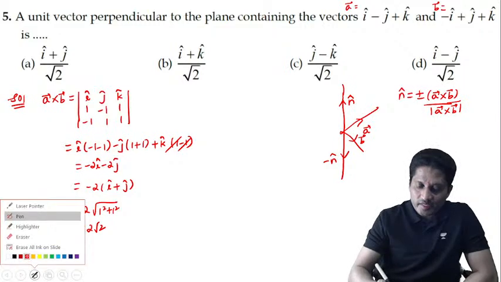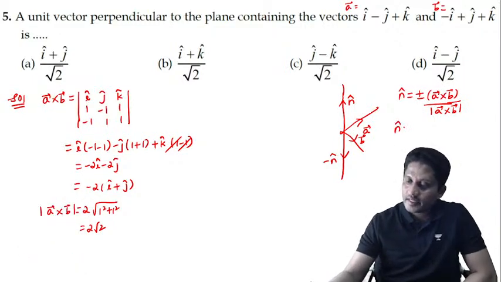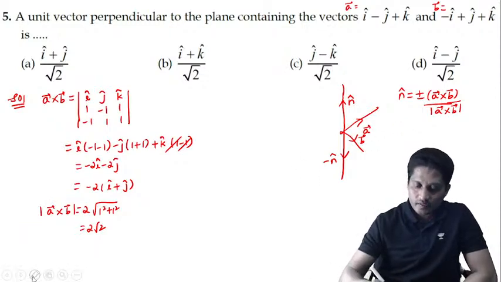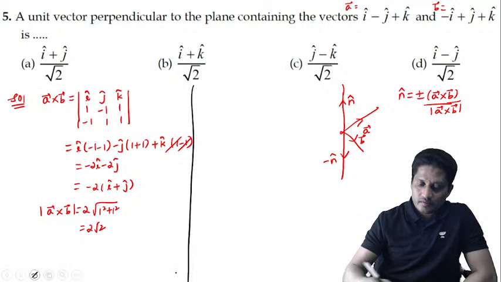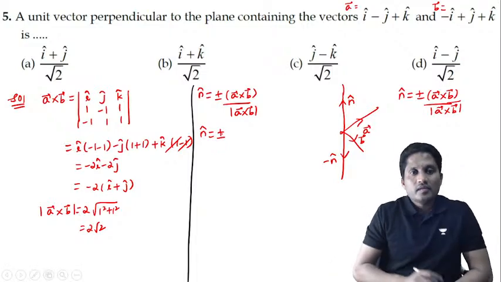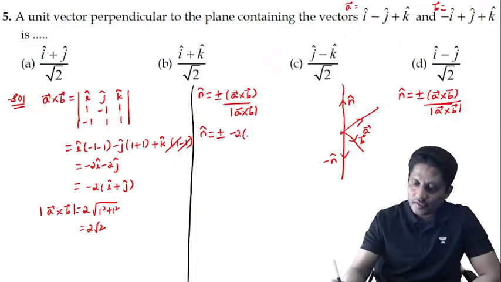Now I substitute in the n cap formula. n cap is equal to plus minus A cross B by mod of A cross B. A cross B is equal to minus 2 into i plus j, divided by its modulus, which is 2 root 2.